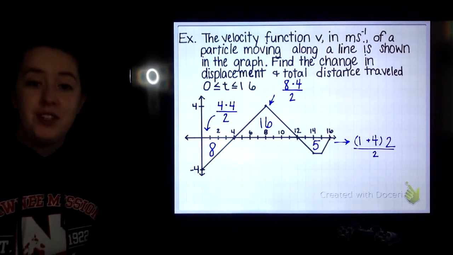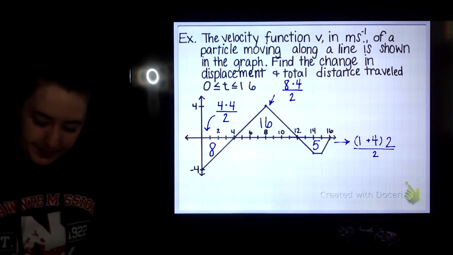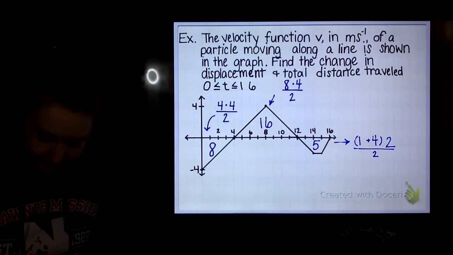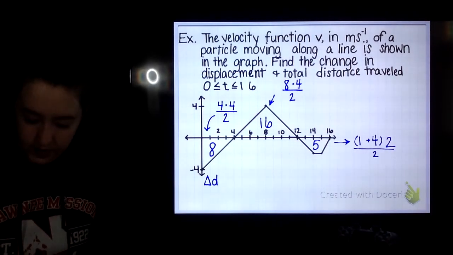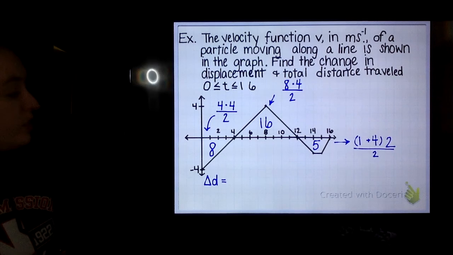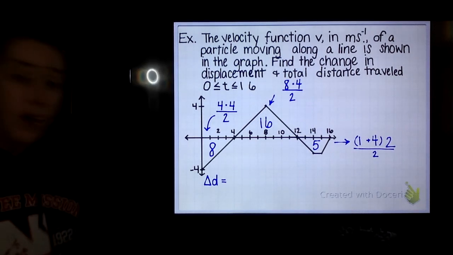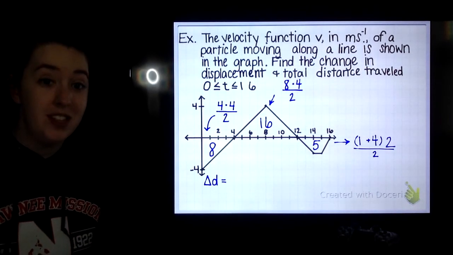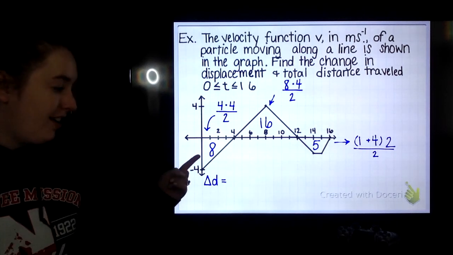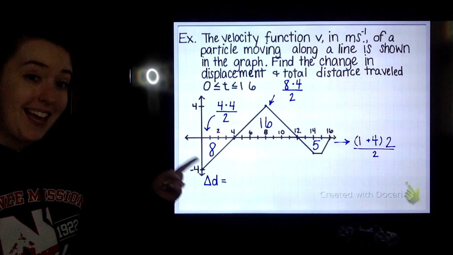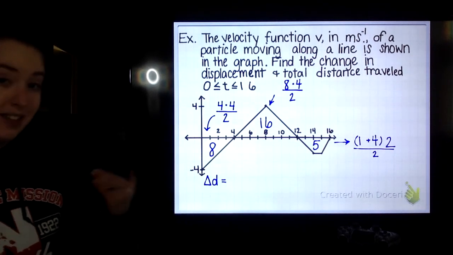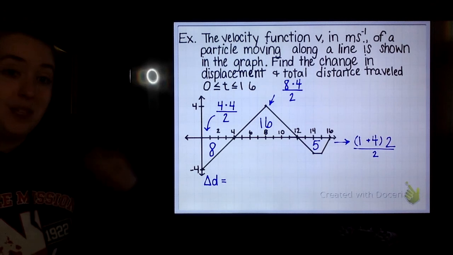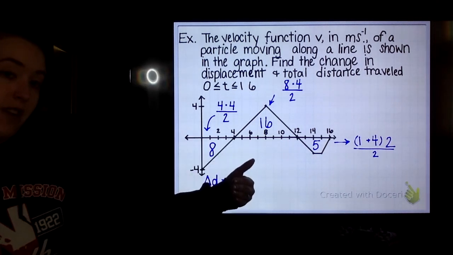So we want to find the change in displacement. Cool. Okay. So remember, we're not worried about absolute value with this one. If I have an area underneath the x-axis, that needs to be negative because that means my particle is moving to the left. Over the x-axis means my particle is moving to the right.